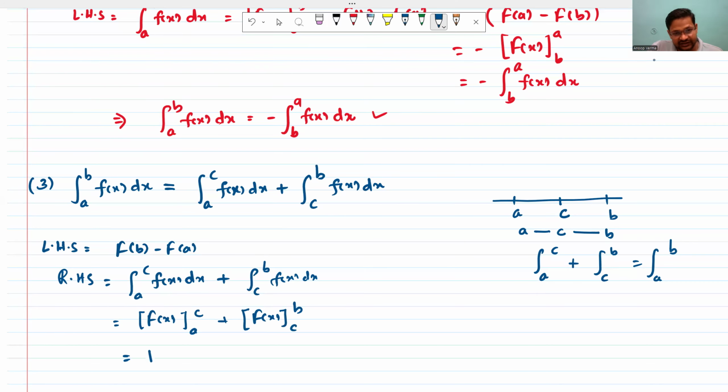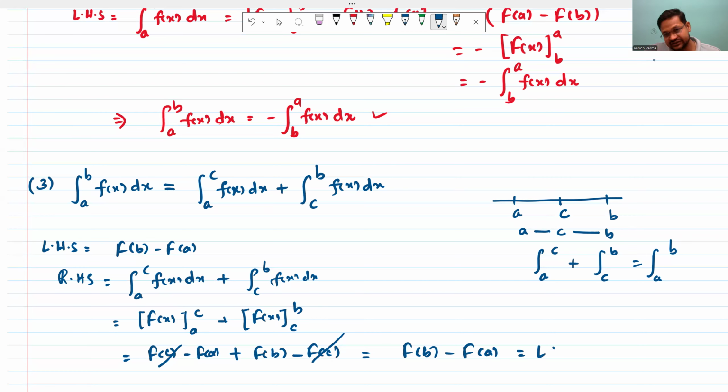Now put in the limits: fc minus fa, upper limit minus lower limit, plus fb minus fc. You can cancel it out and you get fb minus fa, and this is same as the LHS.